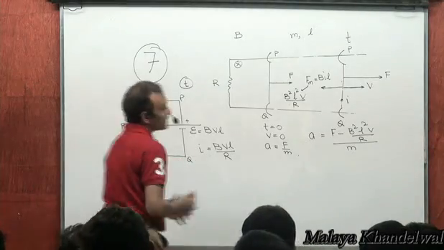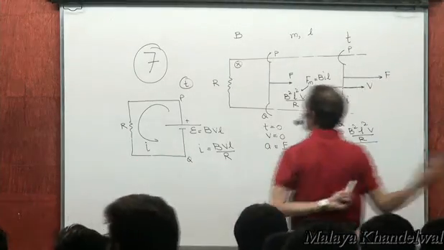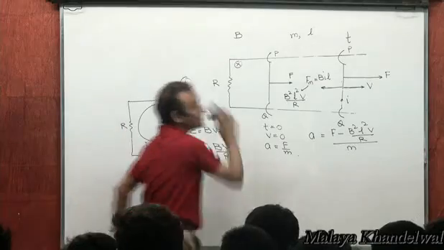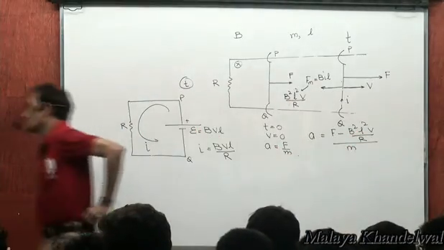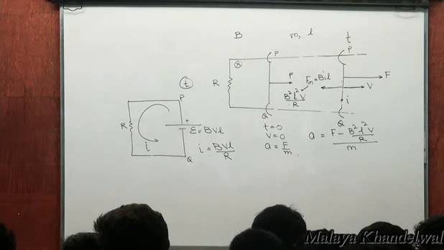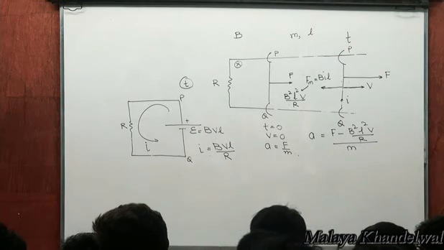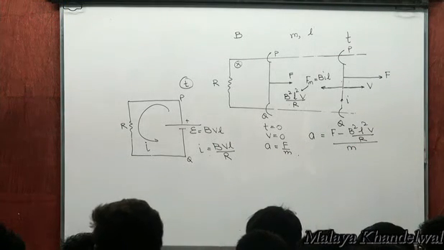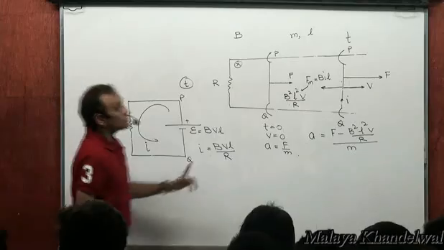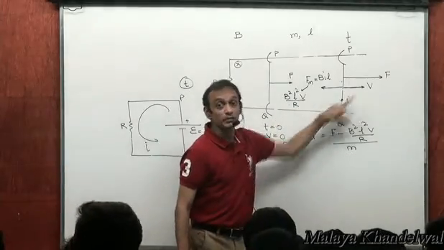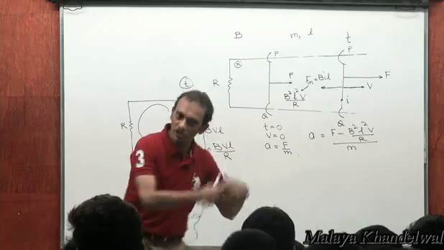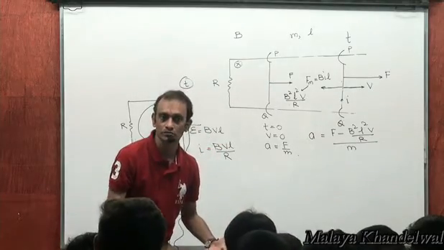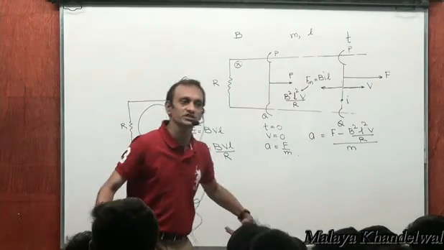So what you would expect out of this physicality is the following. The velocity increases, but at a decreasing rate. So in this case, the velocity is increasing, but acceleration is decreasing. The velocity is increasing because there is a rightward acceleration, right? But that acceleration is decreasing.